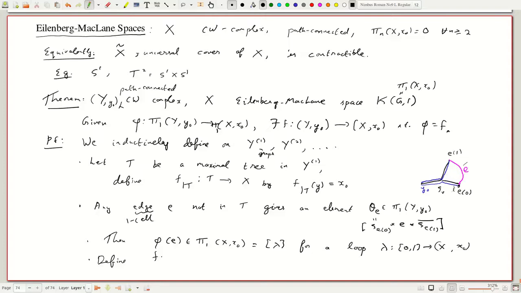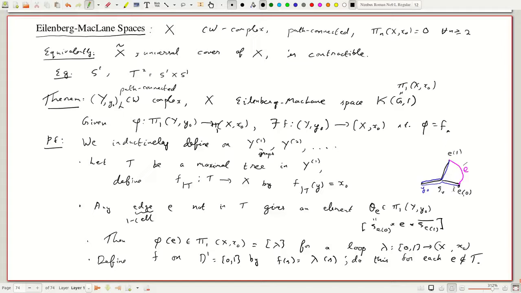So f restricted to D1, which is just 0, 1, is defined by f of s equals lambda of s. On this one cell, this is consistent with the quotient. And we do this for each one cell, each E which is not in the tree.